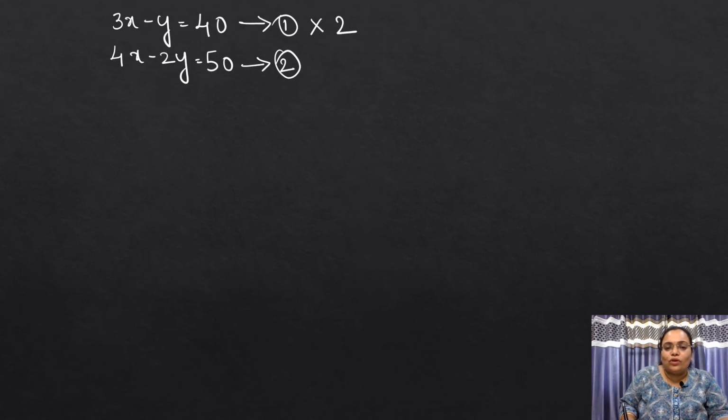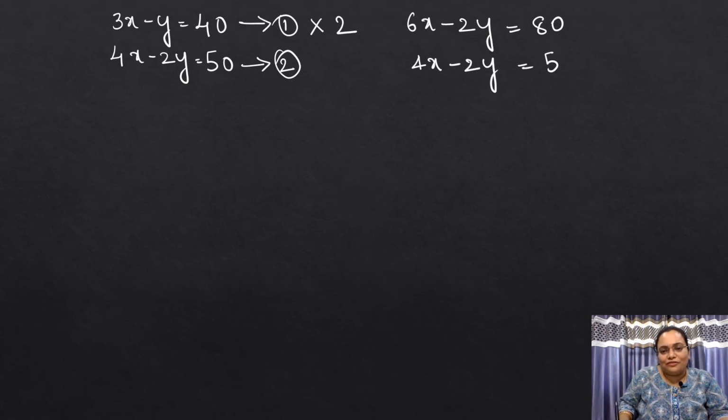Okay. So equation 1 becomes 6x minus 2y is equal to 80. And equation 2 remains the same, that is 4x minus 2y is equal to 50. Now we can see that the coefficients of the y variable are the same.